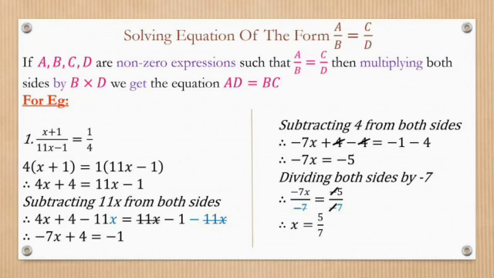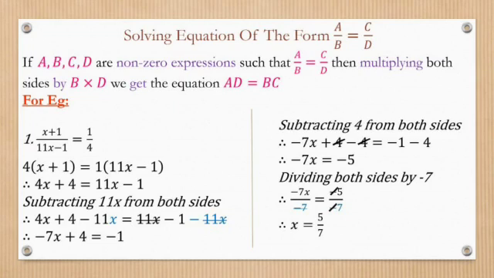For example, x plus 1 upon 11x minus 1 is equal to 1 upon 4. Here children, you are going to cross multiply. That is, 4 is to be multiplied with x plus 1 and 1 is to be multiplied with 11x minus 1. So your next step will be 4 into (x plus 1) is equal to 1 into (11x minus 1).